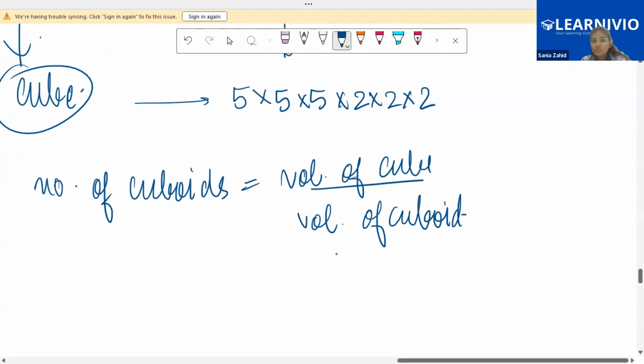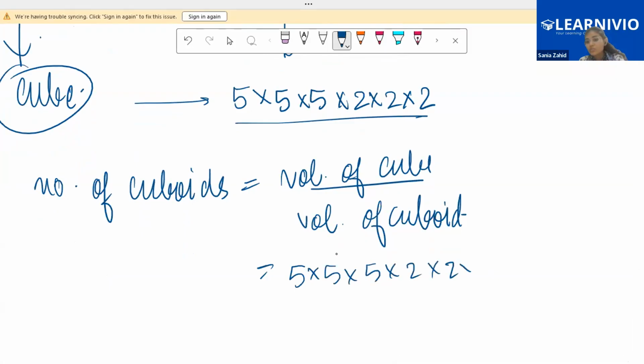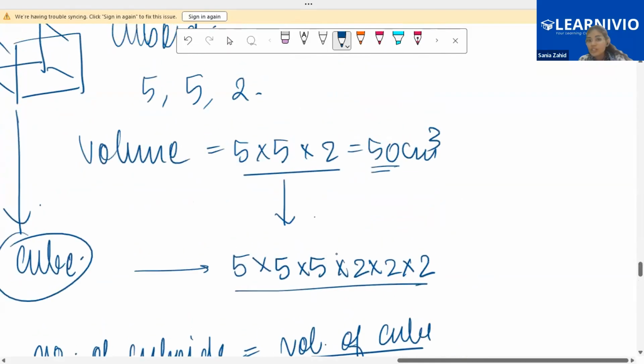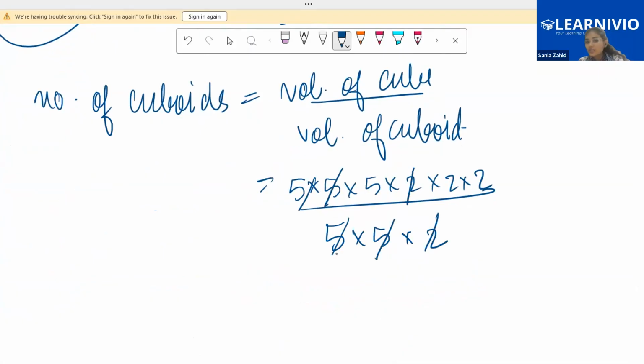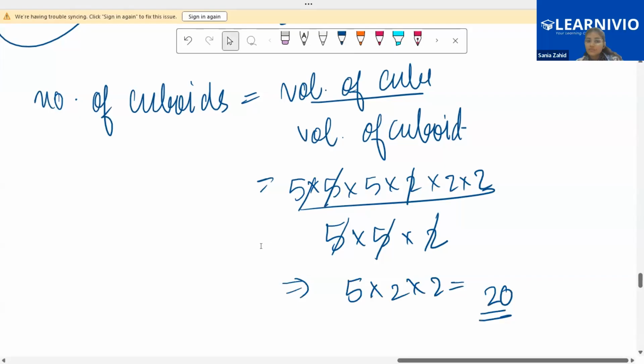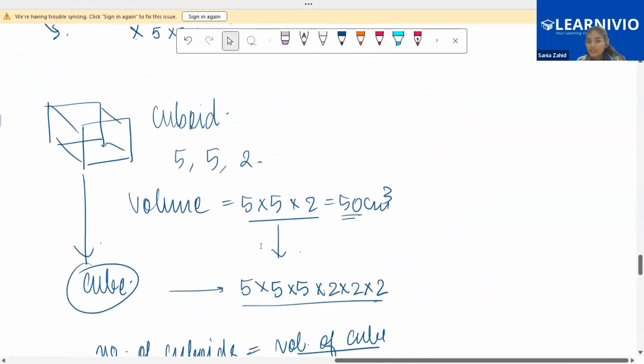So what is the volume of the cube? 5 into 5 into 5 into 2 into 2 into 2. And what is the volume of the cuboid? It was 5 into 5 into 2. Right? You can cancel two 5s, all this you can cancel. What do you have? 5 into 2 into 2. So you have 20. Right, children? Do you understand this question? Yes, ma'am.